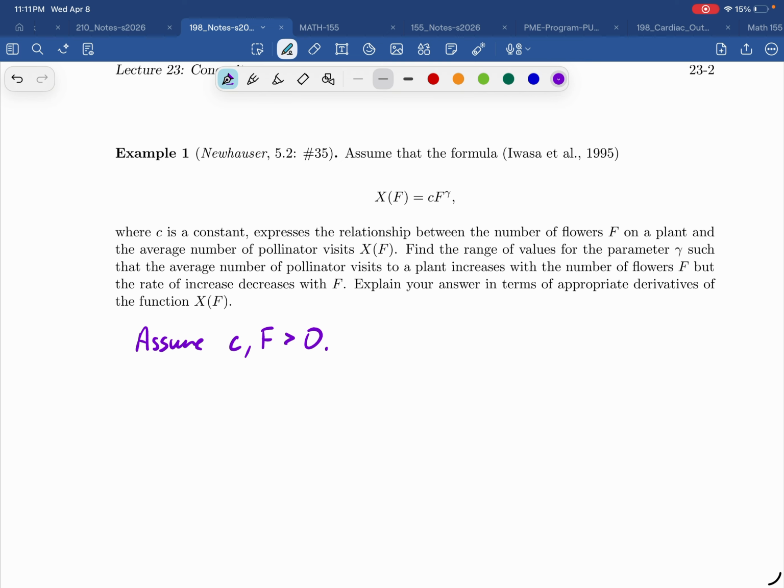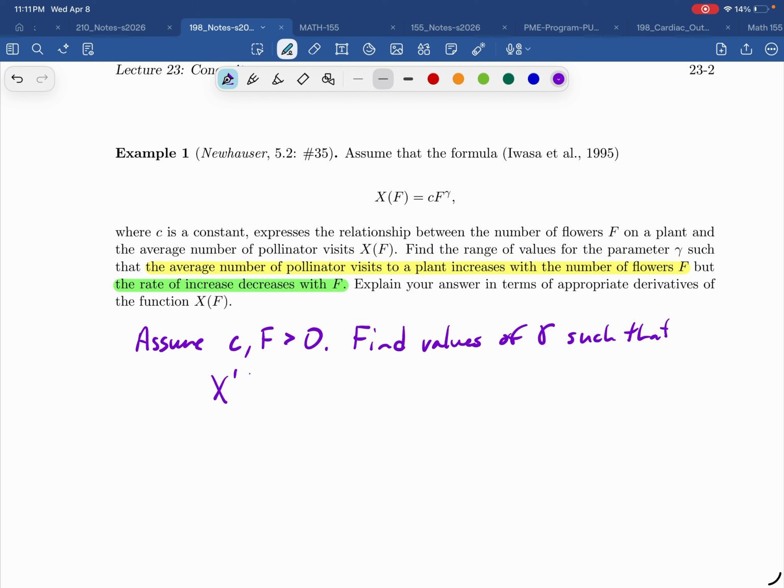Also assume gamma is a constant, and what we're interested in is that we want to see that the average number of pollinator visits increases with the number of flowers F, but the rate of increase decreases with F. So what is going on here? We want to find values of gamma such that the following hold.